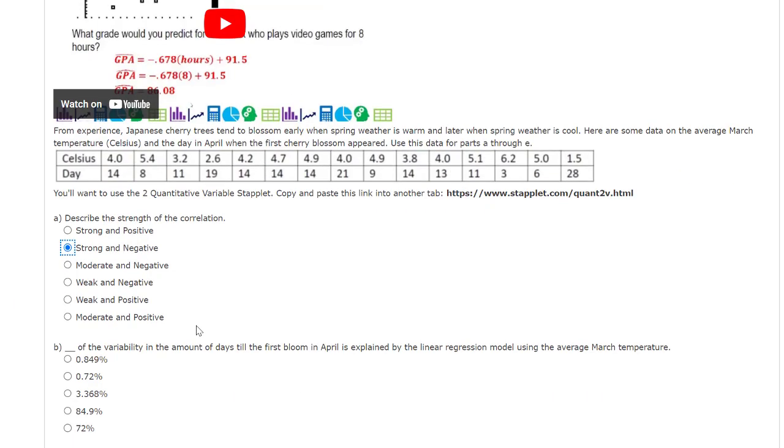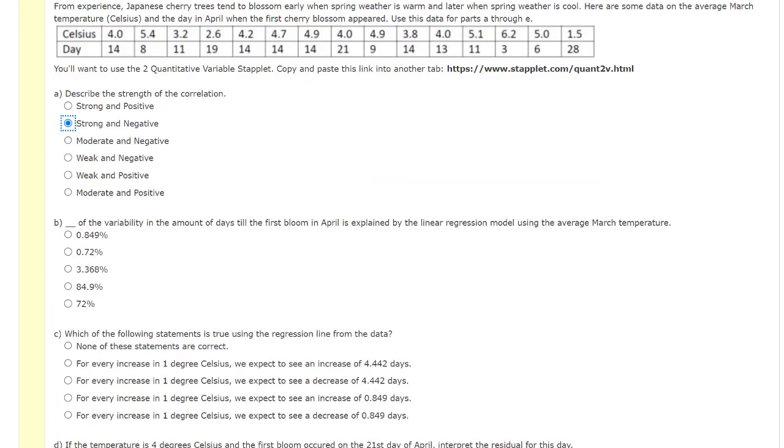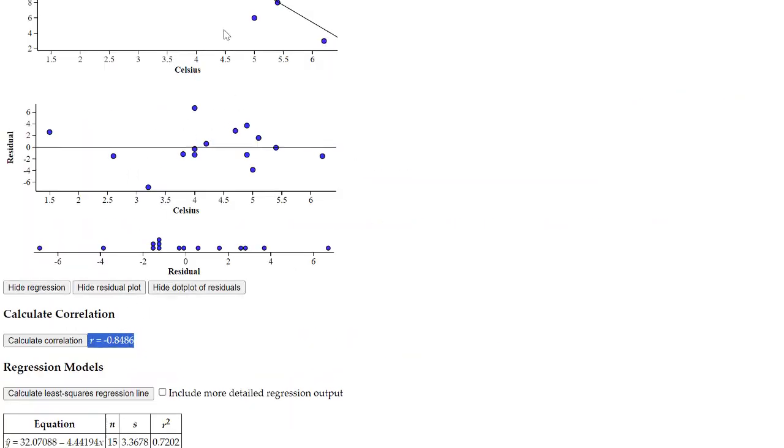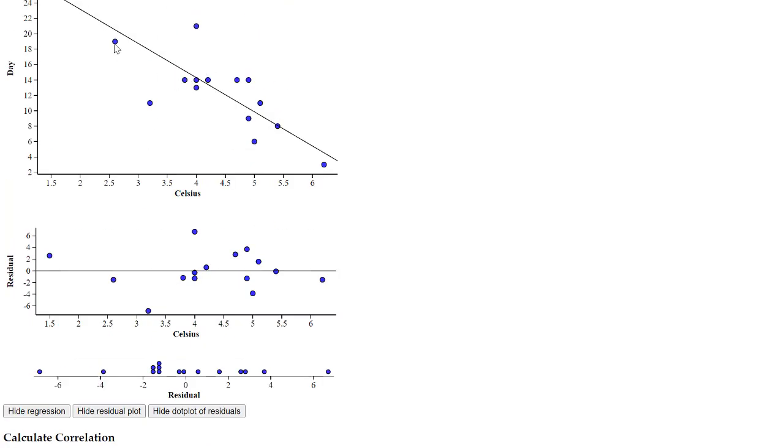Now, a blank percent of the variability in the amount of days till the first bloom in April is explained by the linear regression model using the average March temperature. So what percent of the variation in these values is explained by this line? Why is this one so low and that one so high?